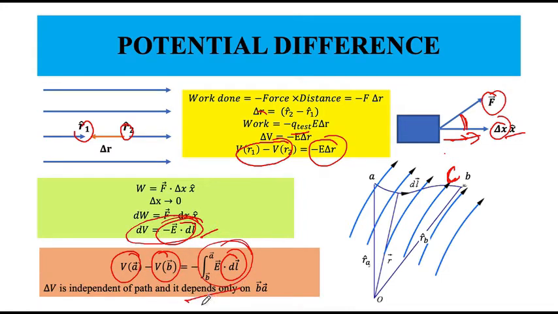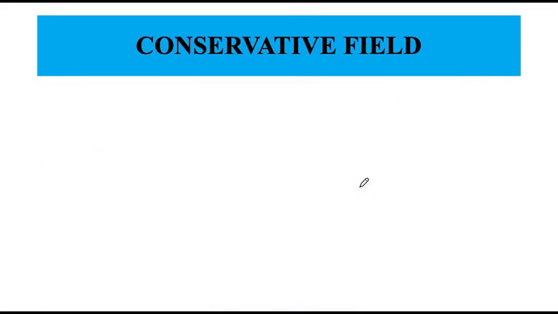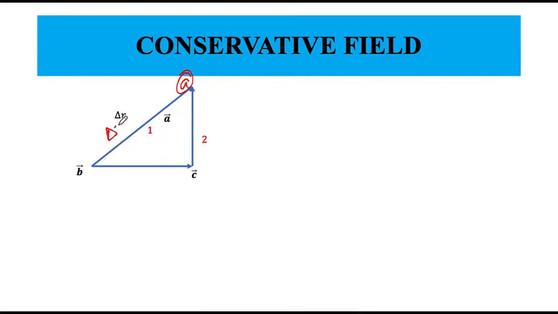It depends on the endpoints of the path, A and B. It doesn't depend upon the path. How? So for example, if I take one path from point B to point A, so I go straight up along this path, then the potential difference will be delta V.